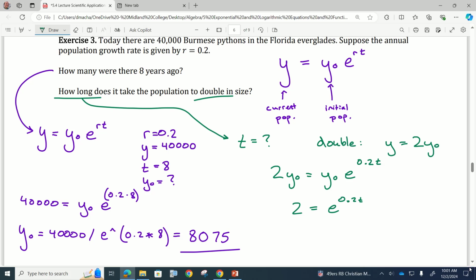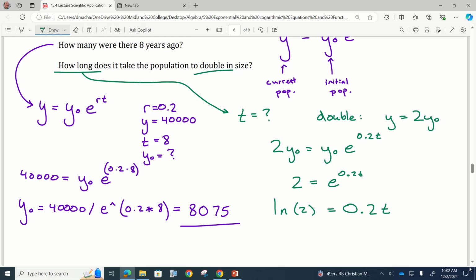Yep. I'm trying to get rid of an exponent base e. And so I would want to use the logarithm base e. The logarithm base e is the natural log. And that would be natural log of 2 equals 0.2t.